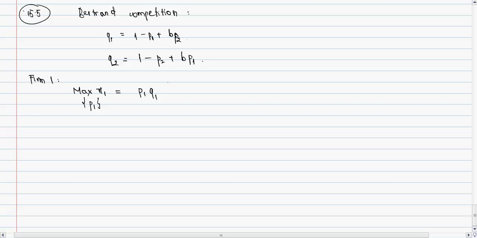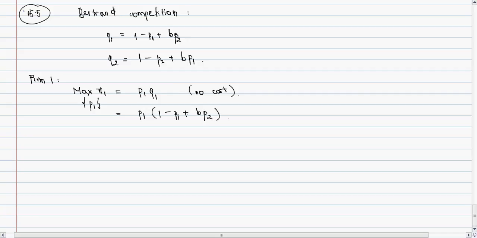The question tells you firms have no costs of production, so the profit is P1 multiplied by Q1. P1 is the variable the firm chooses, and Q1 is a function of P1 and P2, which is 1 minus P1 plus B of P2.